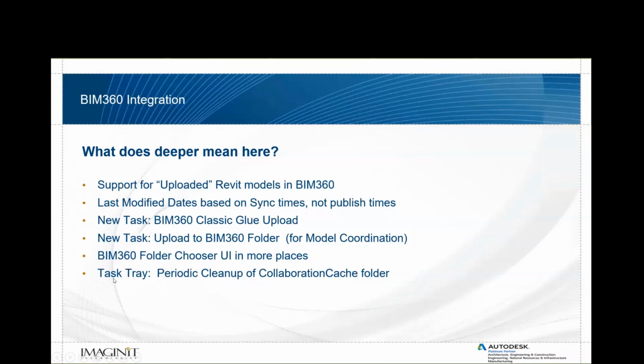And finally, on the task automation side, we found that some of our customers who have one or two or three machines that are doing all of their BIM 360 work, the collaboration cache folder for the personal accelerator on those machines was touching every model everywhere in BIM 360.